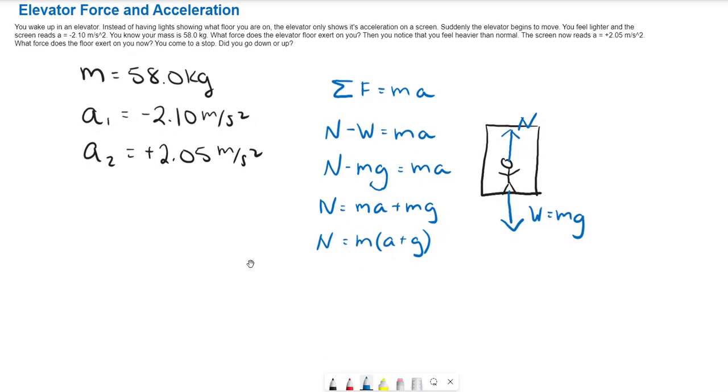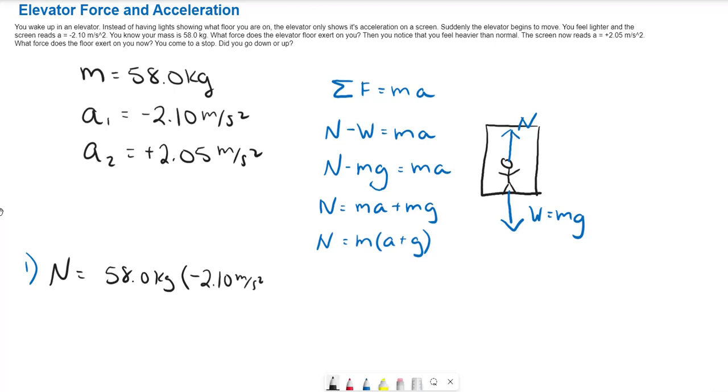In the first part we have a1 equals negative 2.10. So that's our first part. Our normal force is going to be the mass, 58.0 kilograms, times the acceleration, which is negative 2.10 meters per second squared, and then we have positive g.